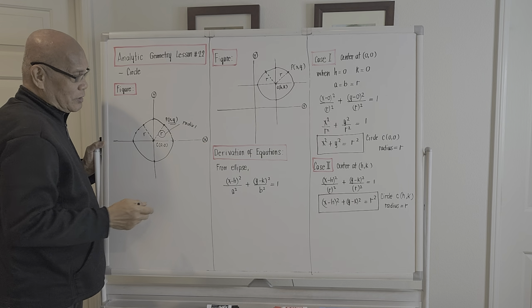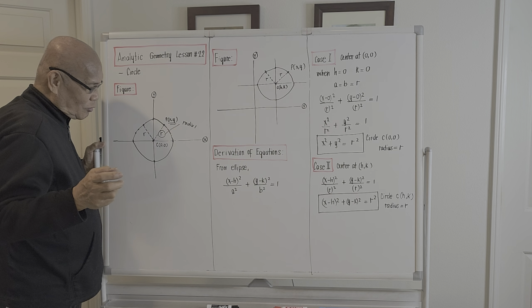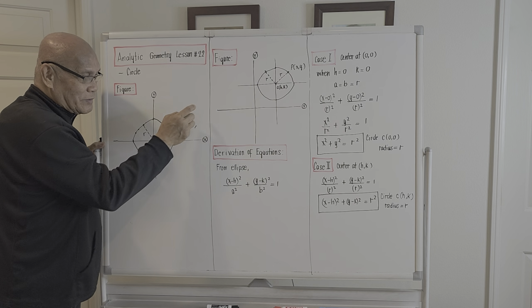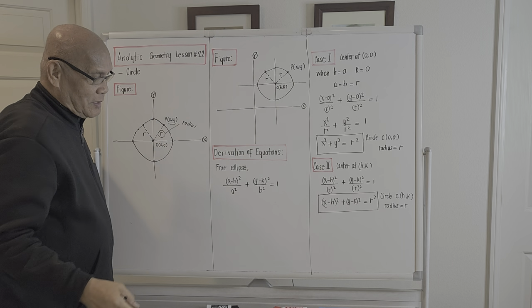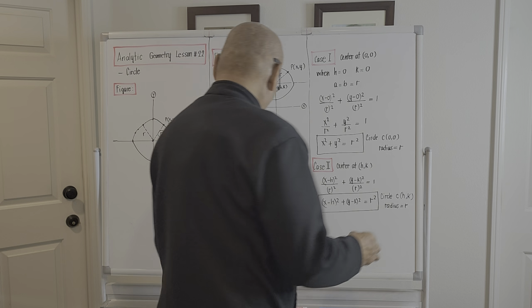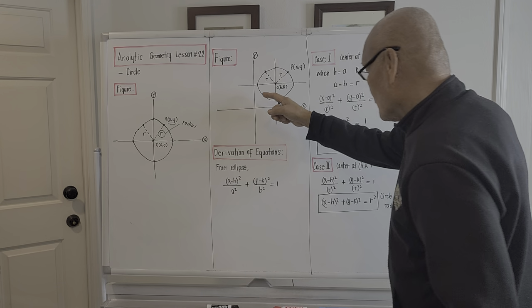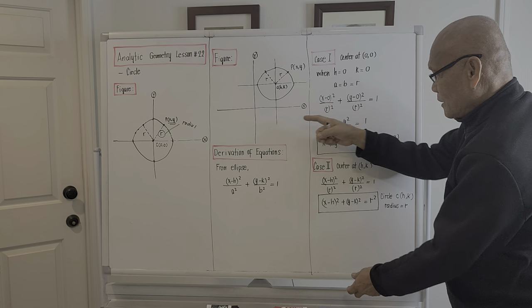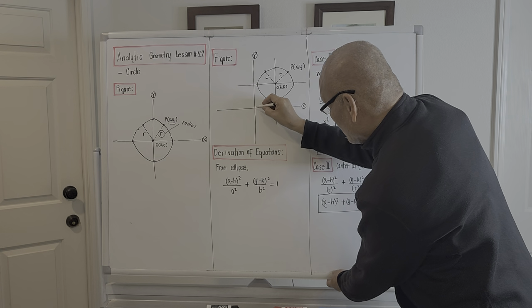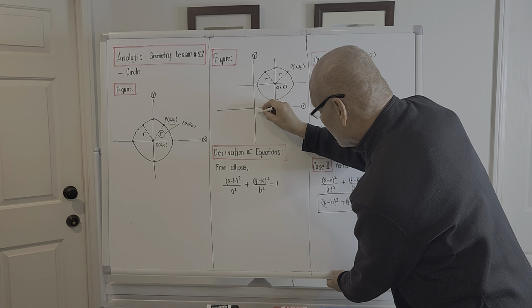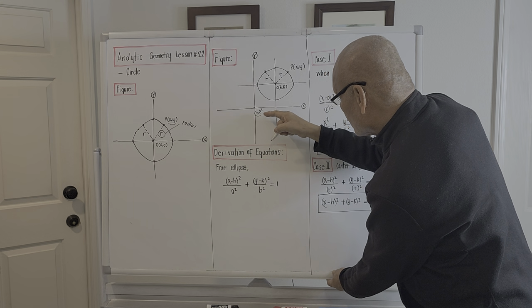For case number 2, it's always the same as case number 1. The only difference is the location of the center of the circle. It is not at the origin, because this is the origin, and the coordinates of the origin are 0, 0.